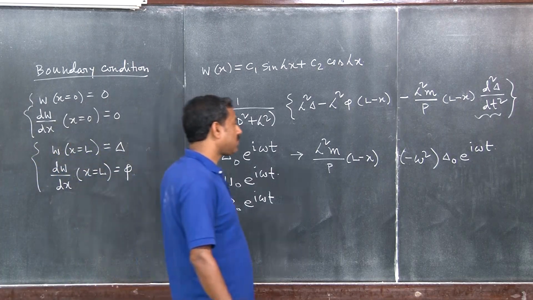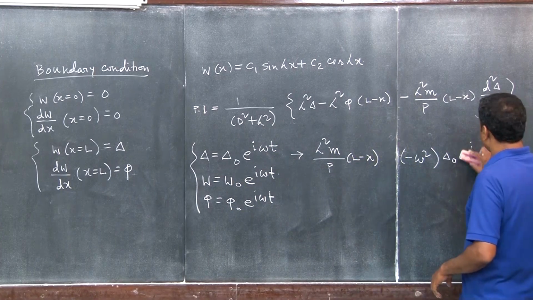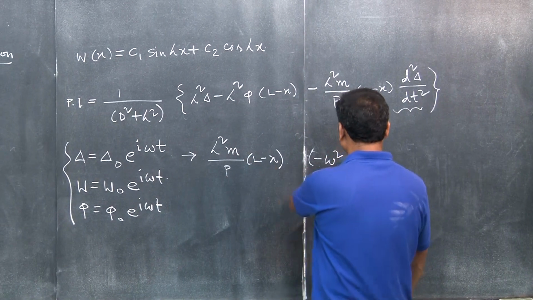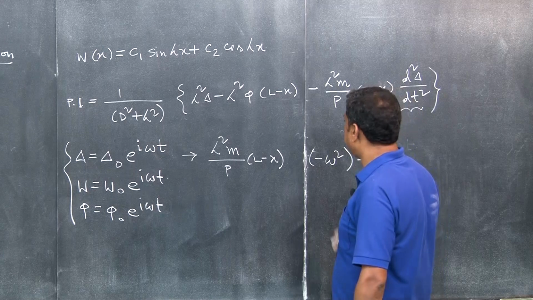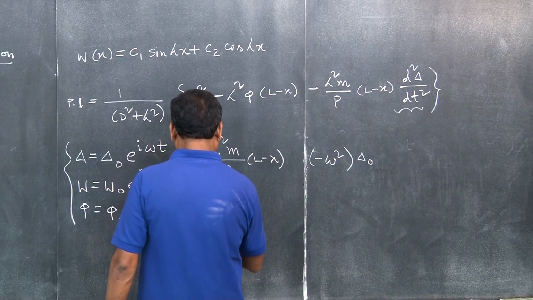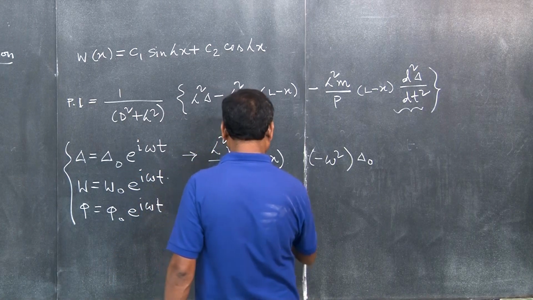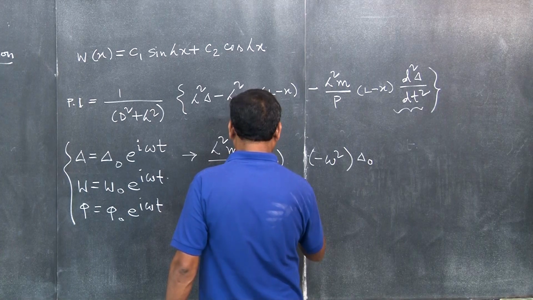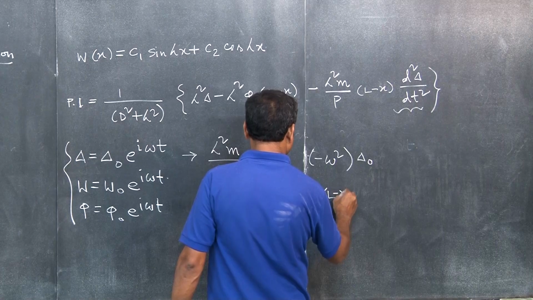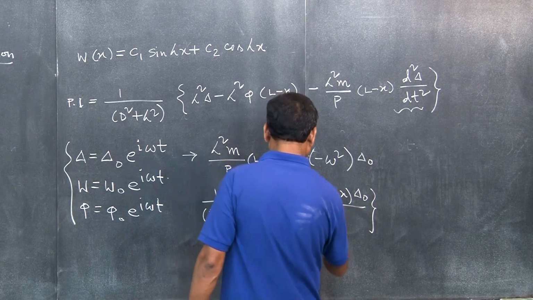Okay. So what will remain here is basically this term, lambda square m/P (L minus x) minus omega square delta 0. And then if you operate on this with 1/(D square plus lambda square), it will be minus lambda square omega square m (L minus x) delta 0/P.